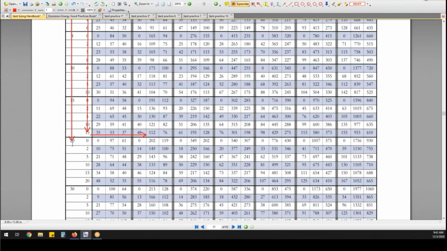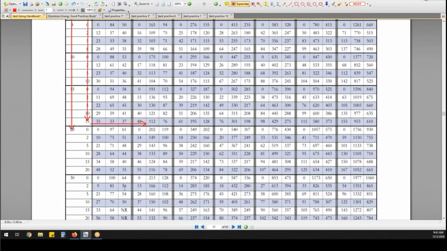Okay, same conditions. 20-foot height, and let's say for example purposes, at 20 feet with a 5-foot lateral, 48,000 BTUs with a natural. But if I increase the height of the flue, notice the taller the flue, the more BTUs it can handle.